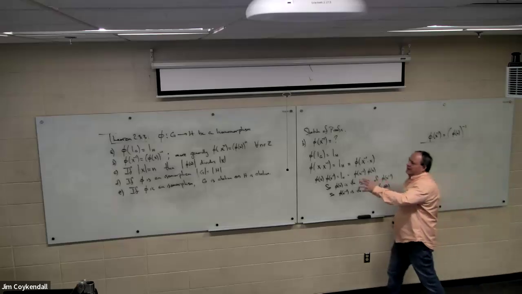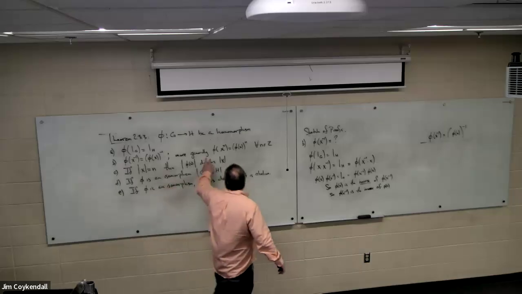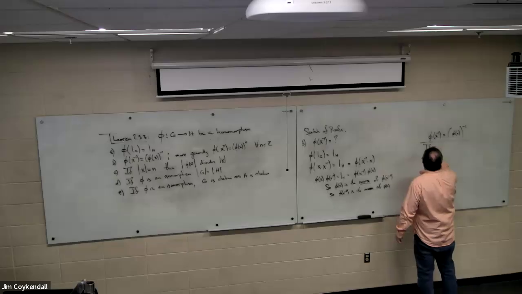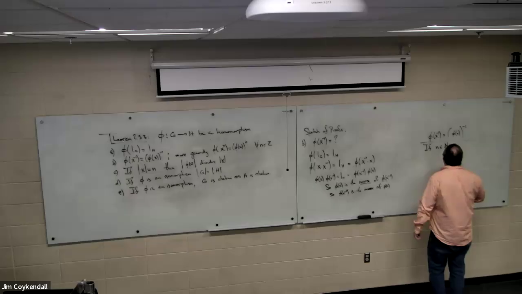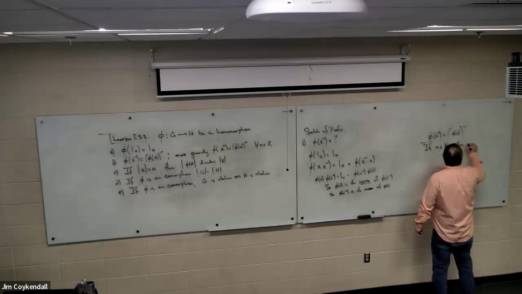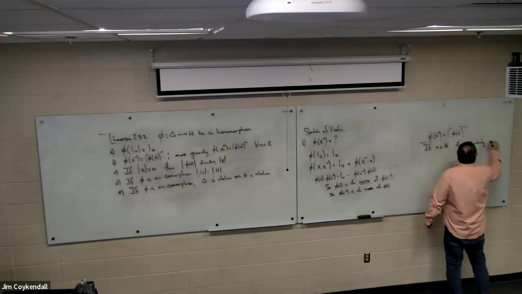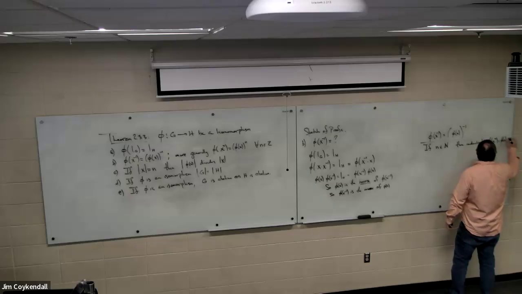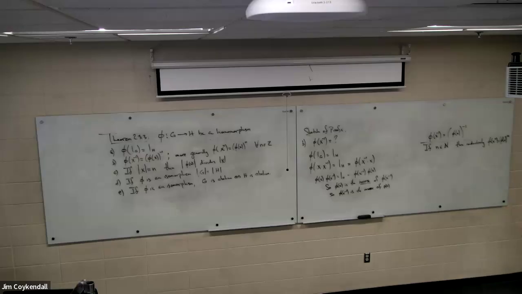There is a more general statement here, which I won't do completely, but I'll tell you how to do it. If n is in the natural numbers, then by induction, it's pretty easy to show phi of x to the n is phi of x to the n power. How would you do this inductively?